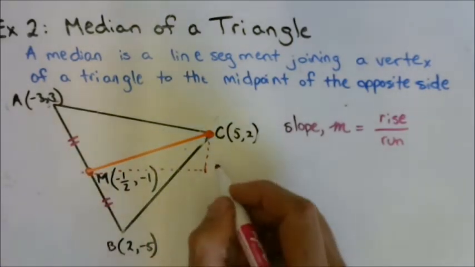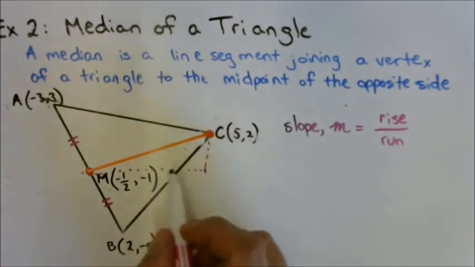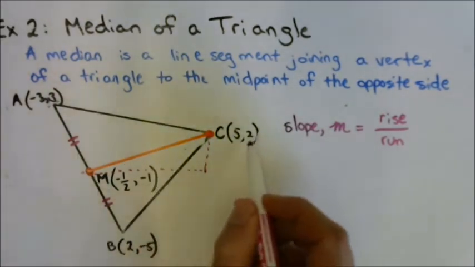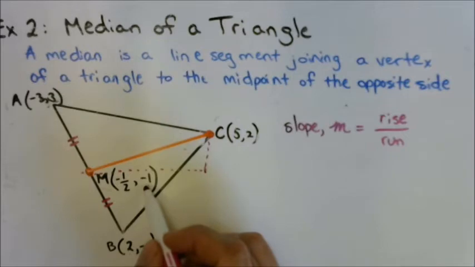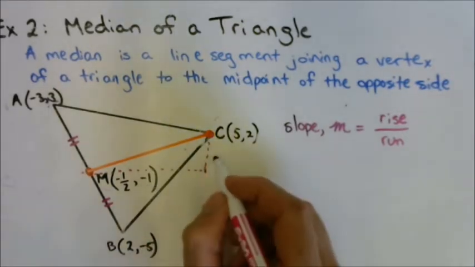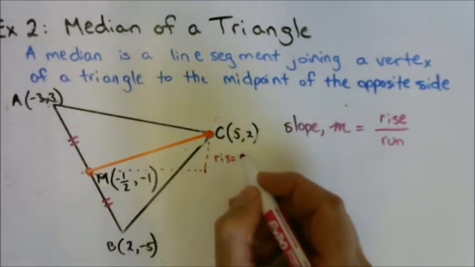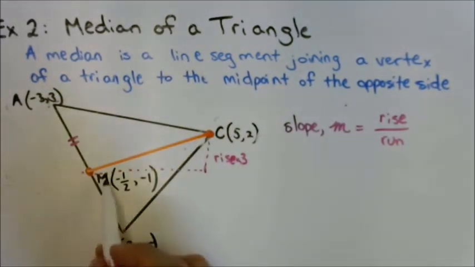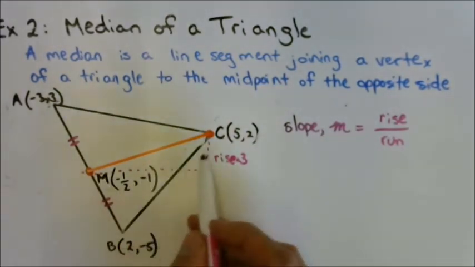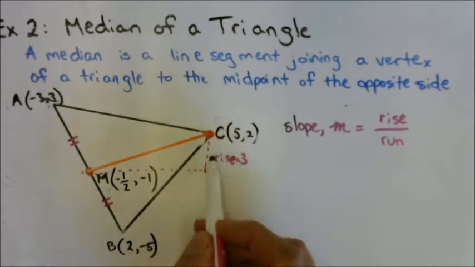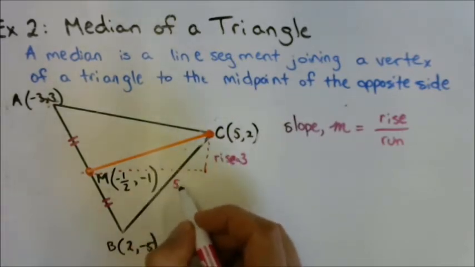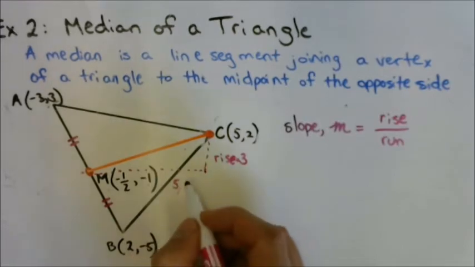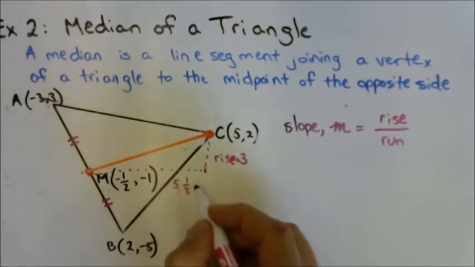Okay, so let's see. We have a rise going from M, our y coordinate, from negative 1 to 2. That's a rise of 3. And we have a run from negative 1/2 to 5. That's 5.5 as a run.